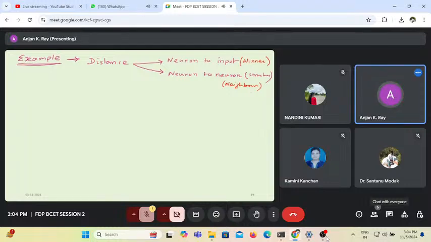The minimum neuron to input distance refers to the winner neuron, and the neuron to neuron distance, from the structure point of view like 1D, 2D, 3D, ND, gives us the neighbor.